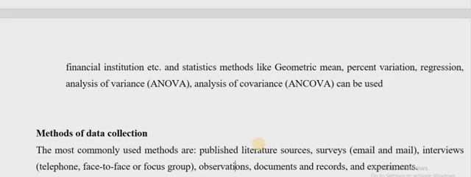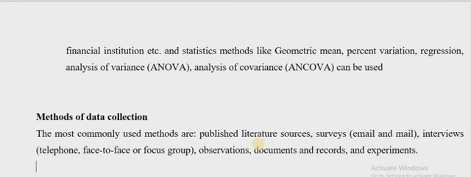Face to face has to do with a questionnaire that you have already prepared, and focus group is for them to answer what is happening in the area of the study. Observation, probably practical observation, document and record, and experiment. Those are the methods of data collection we can use to analyze data.